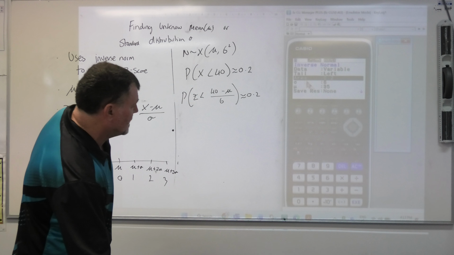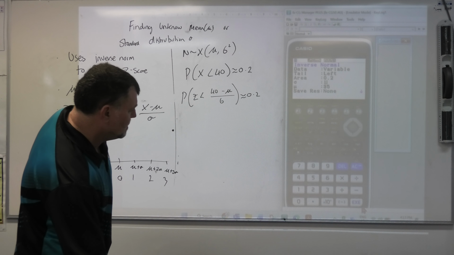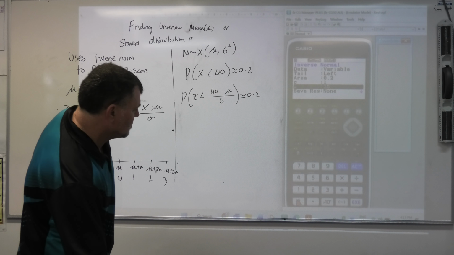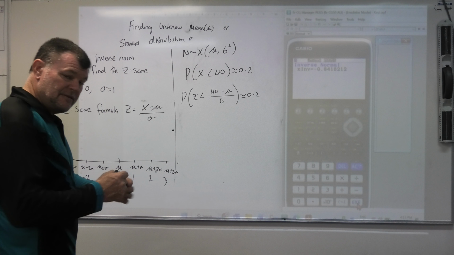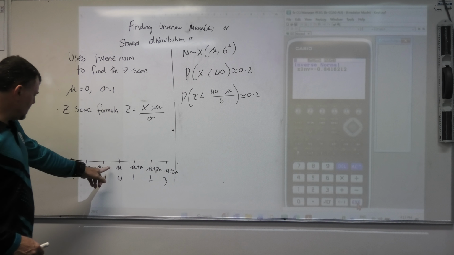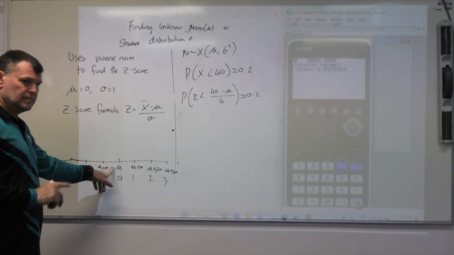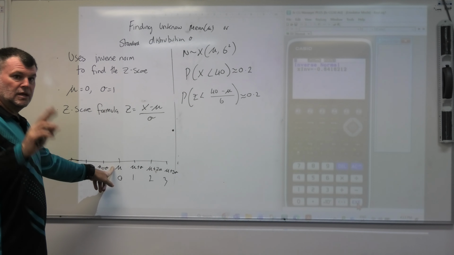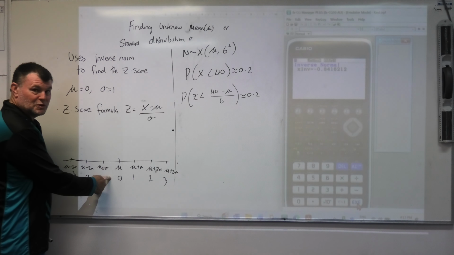So the deviation is changed to 1, and the mean to 0. You get an answer of negative 0.84. We can check that this is correct, because less than 20% is going to be around this area here, so if it's less than this area, then we must be at negative 0.84.